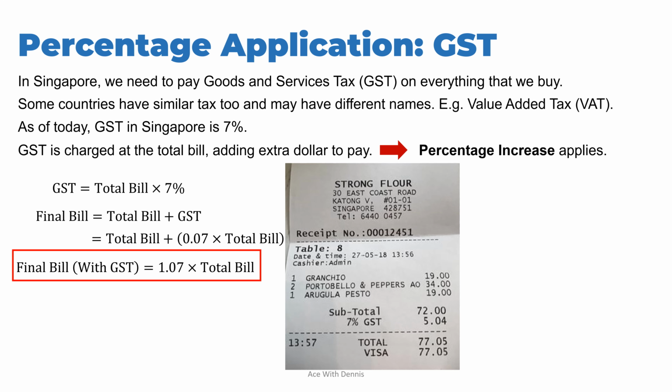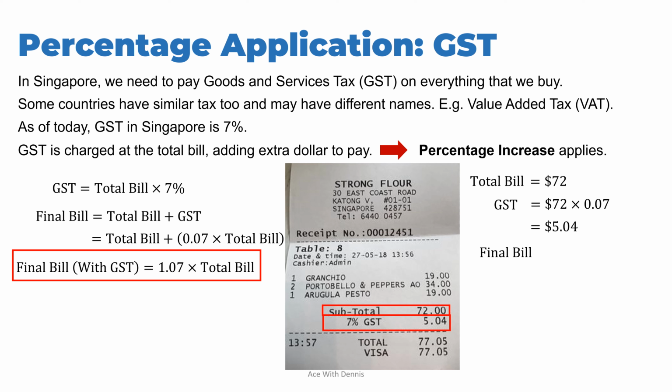So now let's see this example here. This is the receipt that I think you receive after you make a payment. Usually you receive a receipt. So for this case, the total bill here is $72. With GST, 72 times 0.07, which is $5.04.